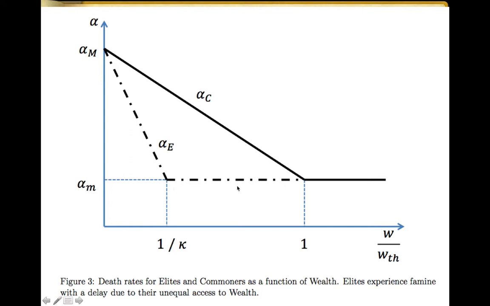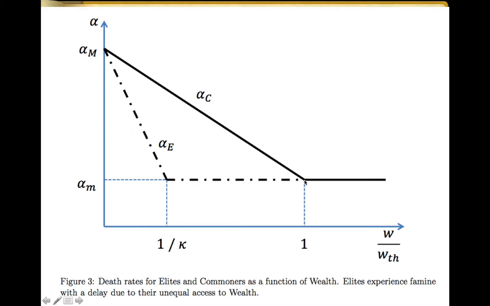Now, if you start running into lower values of wealth, then you will reach a threshold, and the threshold is going to be different for the commoners than for the elites. Actually, the elites are able to subsist at a much lower level of wealth. That's denoted with this coefficient kappa, which is an inequality ratio. We'll see more of this in a second.